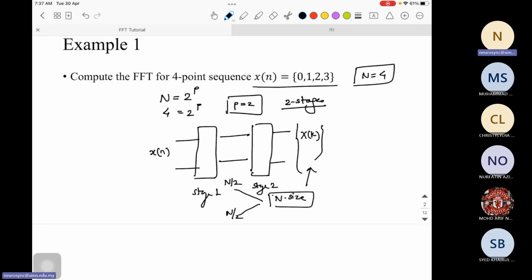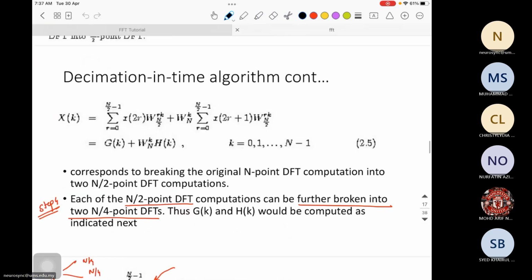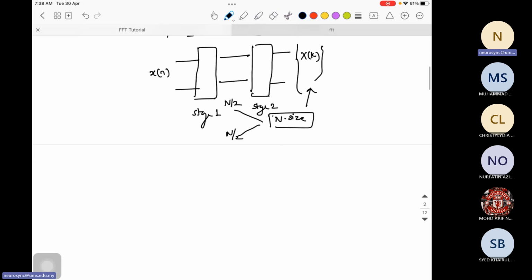Now in stage 1 basically we will be having, if we draw the picture like this, the flowchart algorithm, so first draw the flowchart algorithm. At the output side I want output as X of 0, capital X of 1, X of 2, X of 3.